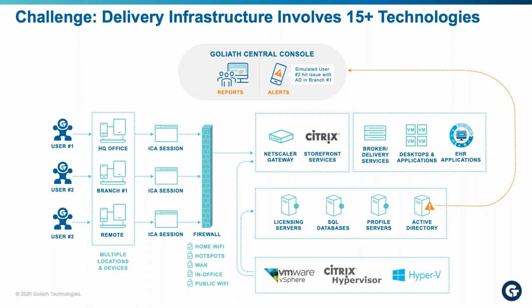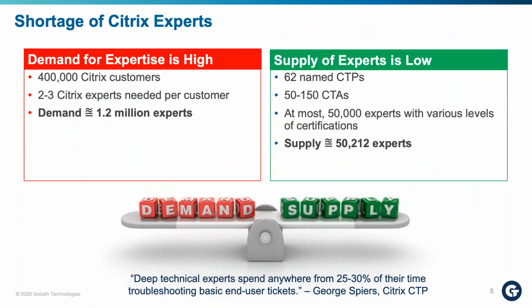The other challenge around all of this is there's just a lack of experts out there. So we actually worked with Citrix and they gave us these numbers. There's a high demand. On average, a Citrix customer needs about 2 to 3 admins really to support their environment. That's a medium-sized environment. Some are less, some are higher. But on average, think about the need for Citrix experts like you on the phone is about 1.2 million.